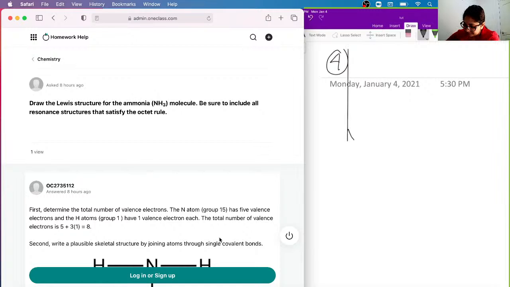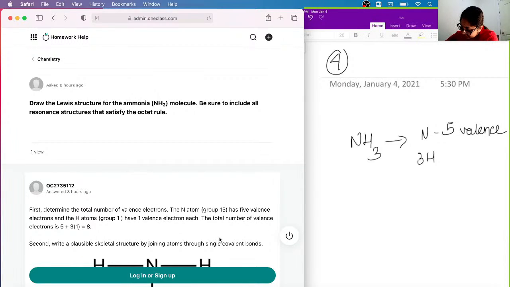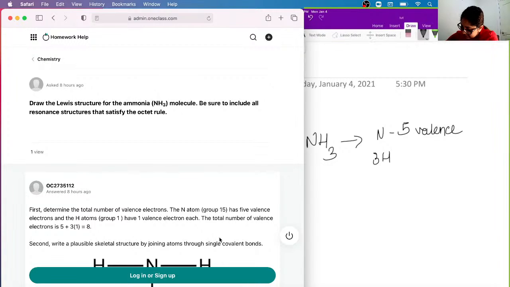So NH3 in this case. Now let's break this into N and 3 H's. Nitrogen has 5 valence electrons, and hydrogen has 1.